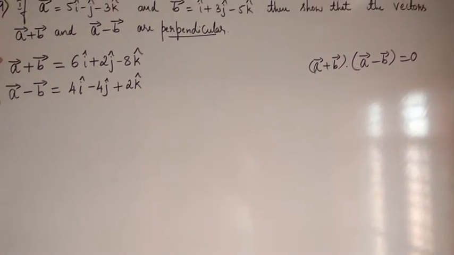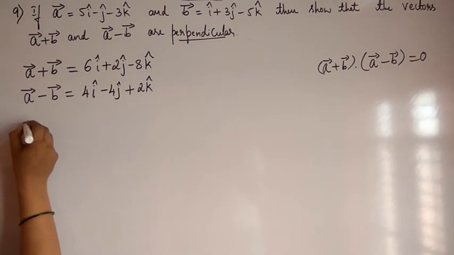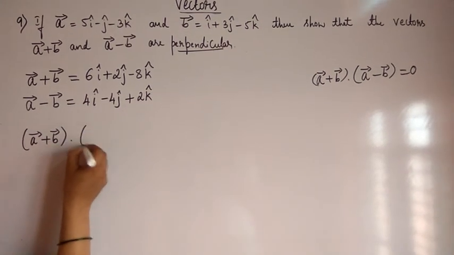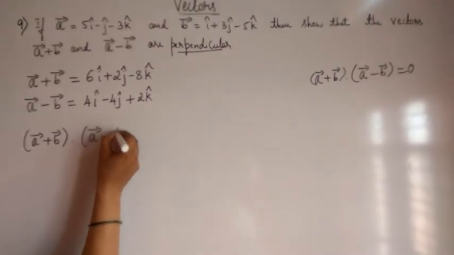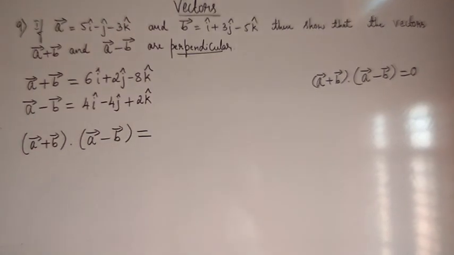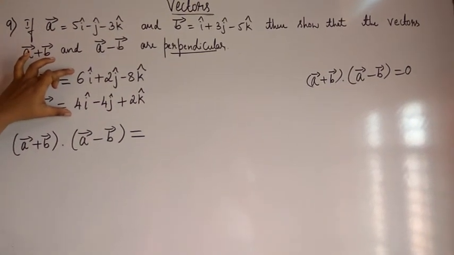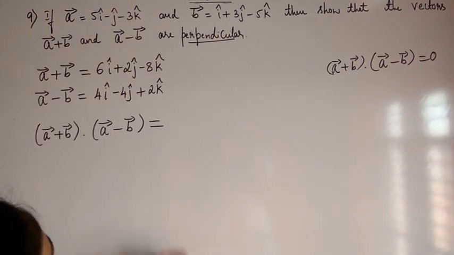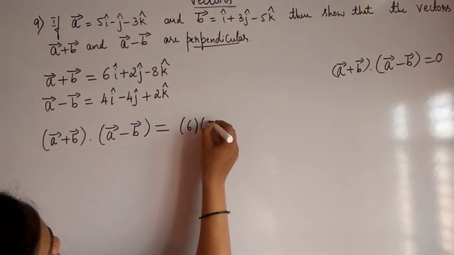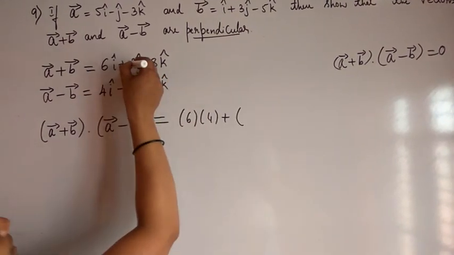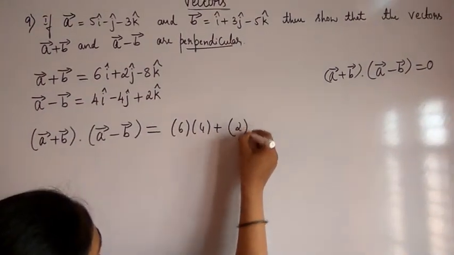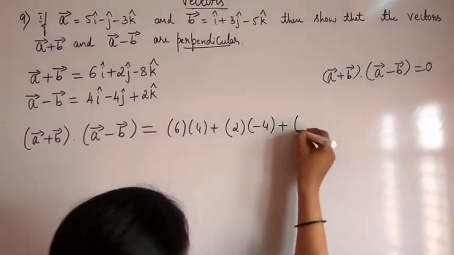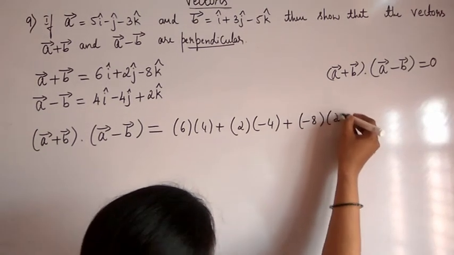Since these two vectors are in component form, here vector A plus vector B dot vector A minus vector B equals, apply A1 into B1 plus A2 into B2 plus A3 into B3, that is 6 into 4 plus, A2 into B2, 2 into minus 4, plus A3 into B3, minus 8 into 2.